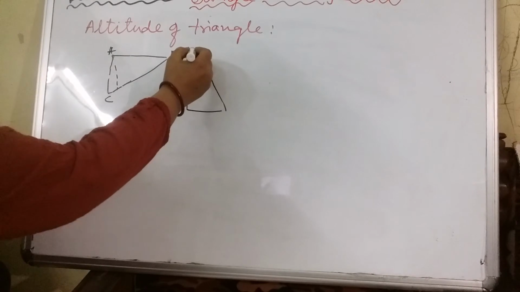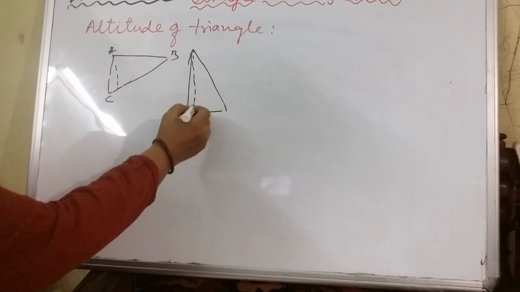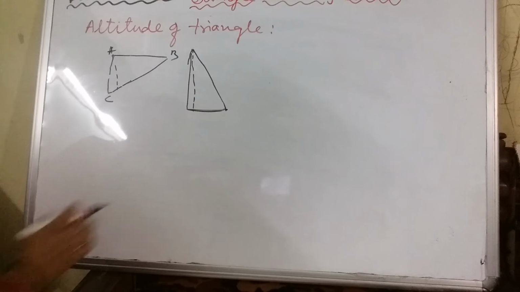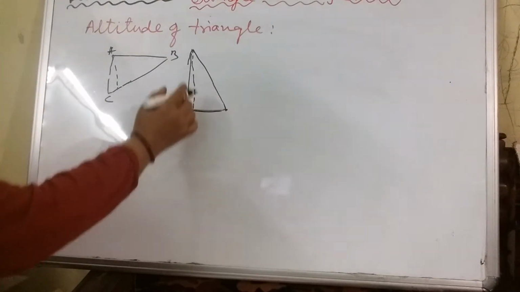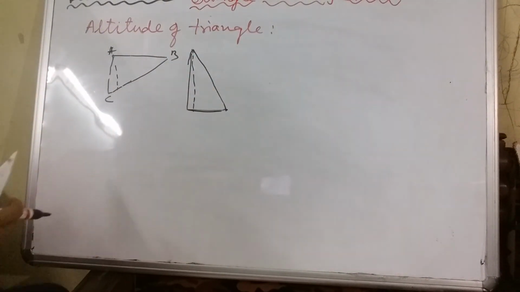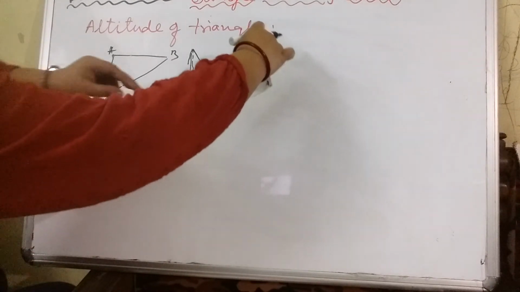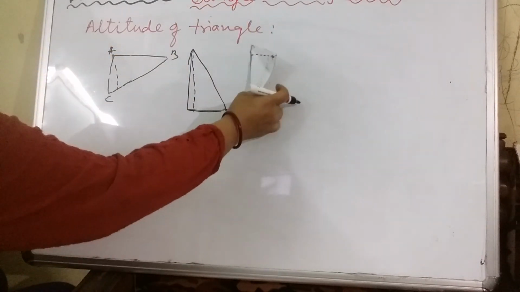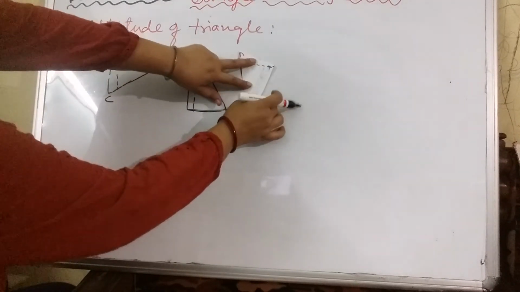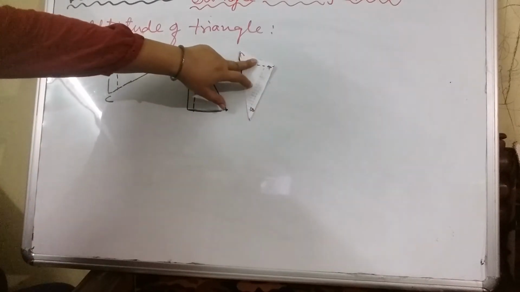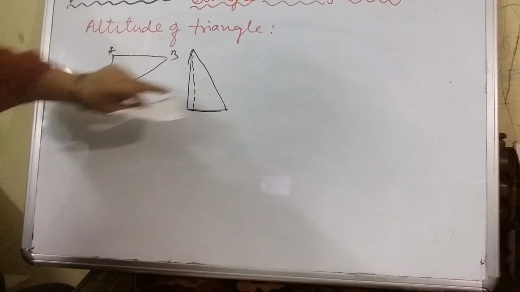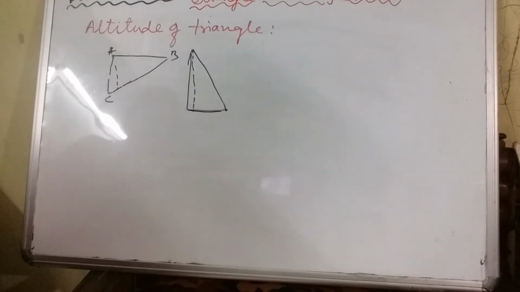From this vertex I have to draw a perpendicular on this side, then I'll get its altitude. Same way, if I consider this, I have to draw a perpendicular on this line AB. So the altitude of a triangle depends on the perspective from which we are seeing that triangle.